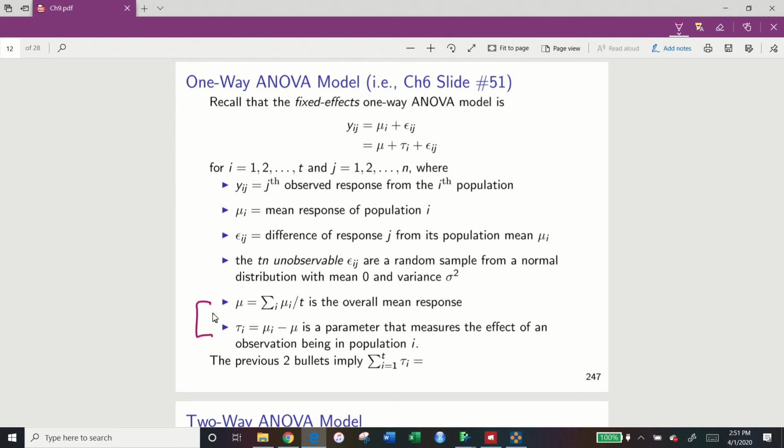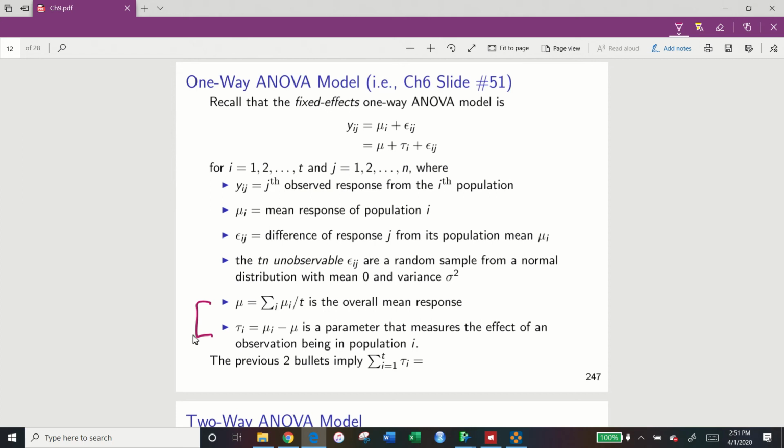So when we extend it to mu plus tau i plus epsilon ij, we said that mu is equal to the summation over i of mu i over t, our overall response mean, and tau i is equal to mu i minus mu, and it is a parameter that measures the effect of an observation being in population i.